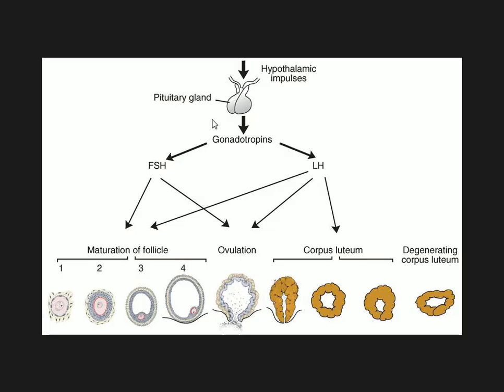As you know, around puberty, the anterior hypothalamic glands, or this picture shows the pituitary gland, as you know, we divide into anterior, or adenohypophysis, and posterior hypophysis.